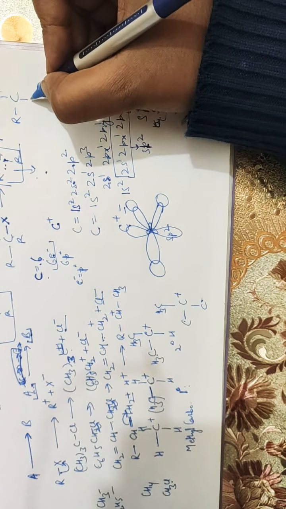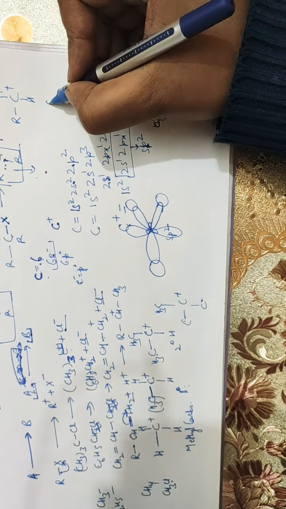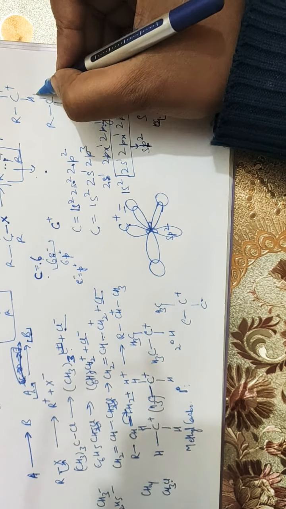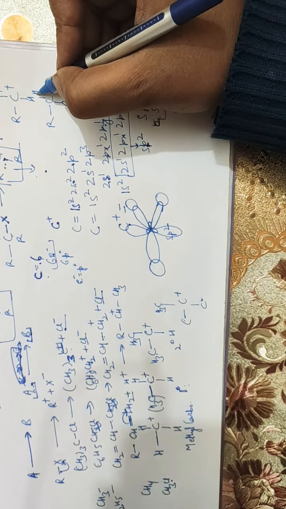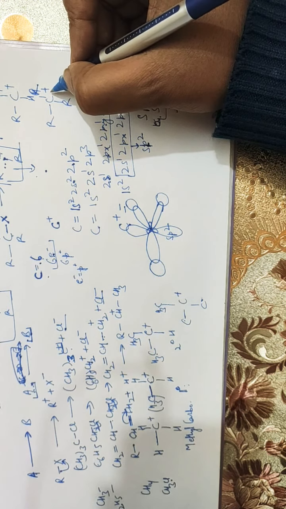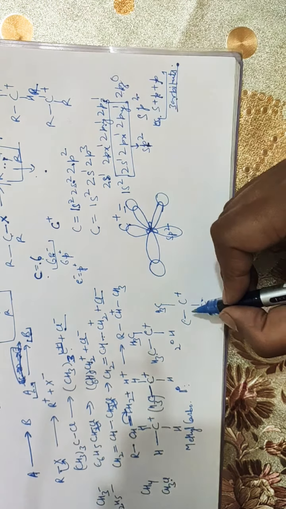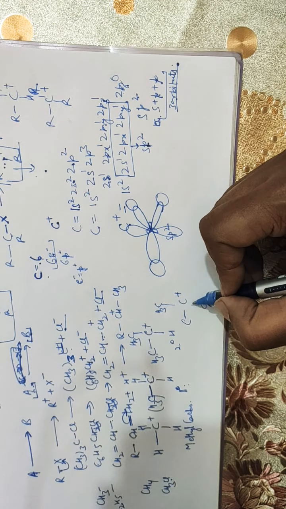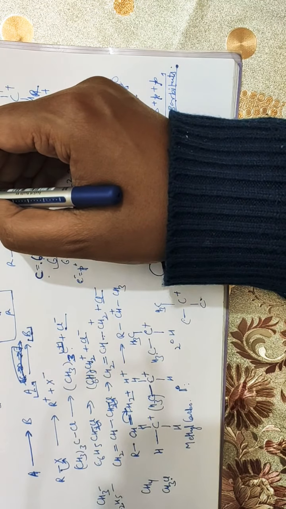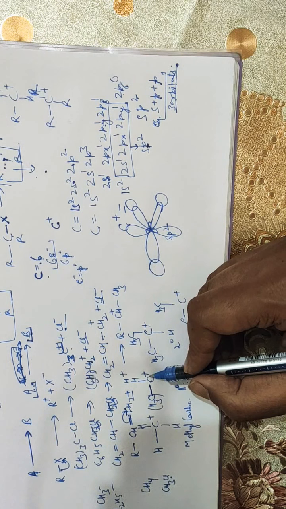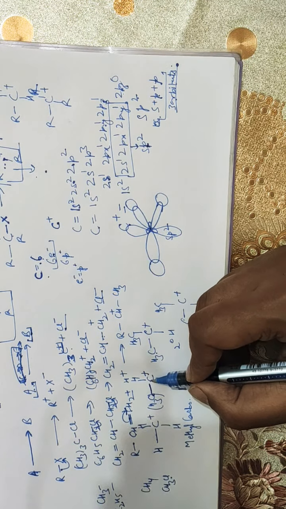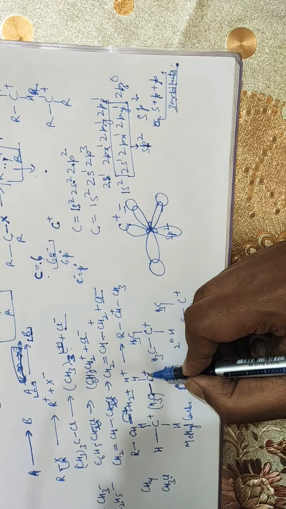In books they are represented like this. This is a primary carbocation. This is a secondary carbocation, and when this hydrogen is replaced by R, it will be called the tertiary carbocation. But generally it means the number of carbon-carbon bonds present on the carbon carrying the positive charge.